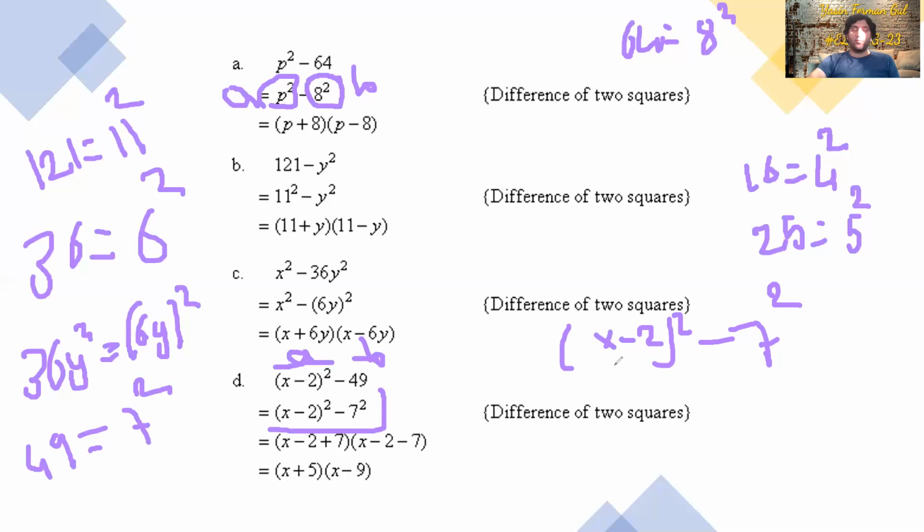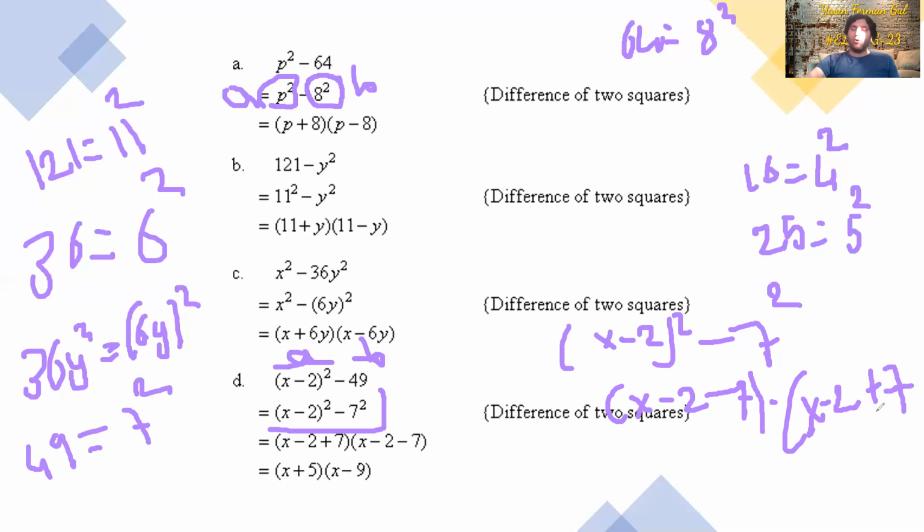Then a plus b will be the square root of 7 squared x. So this is basically x minus 2 minus 7 times x minus 2 plus 7.